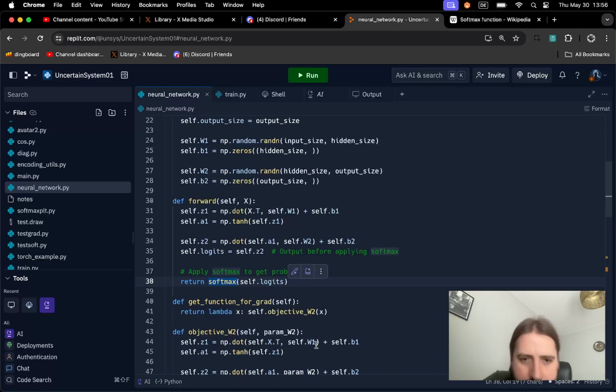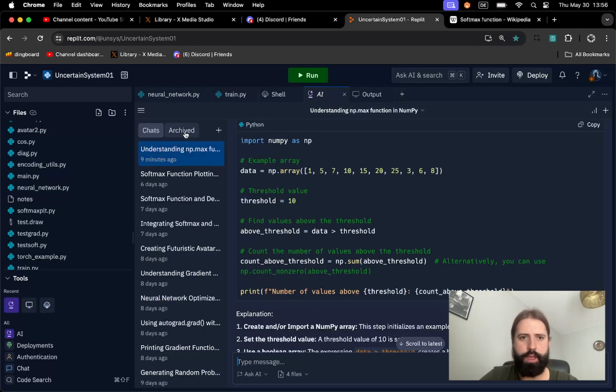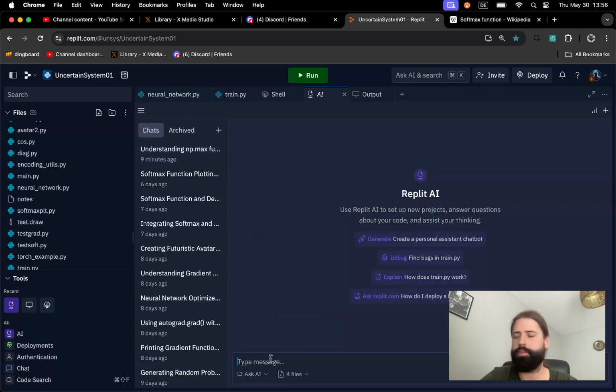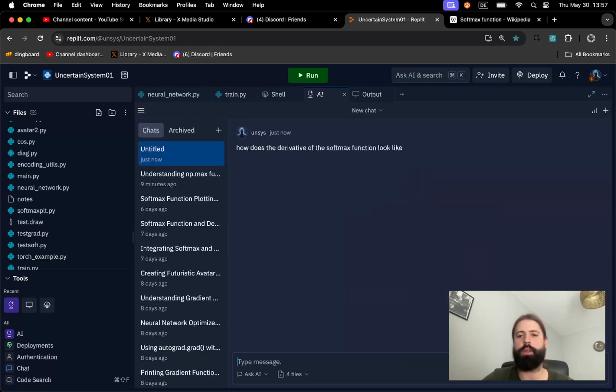It's just flat. It's just damn flat. So how does the derivative of the softmax function look?